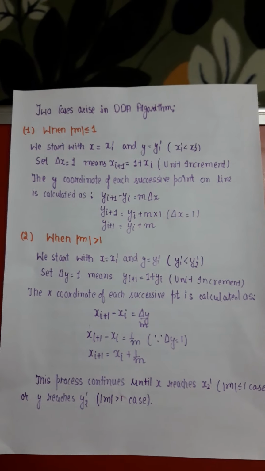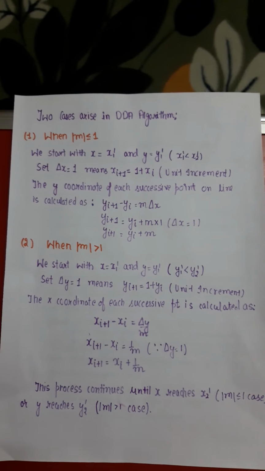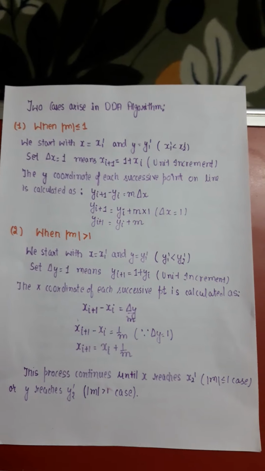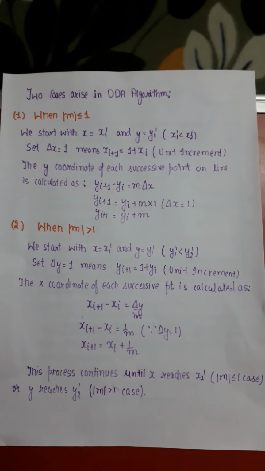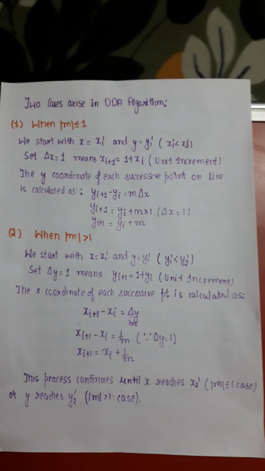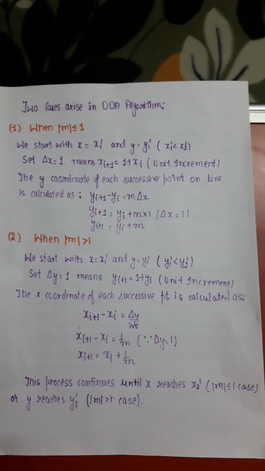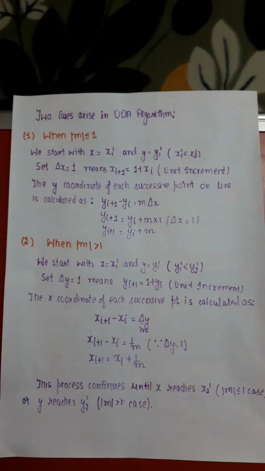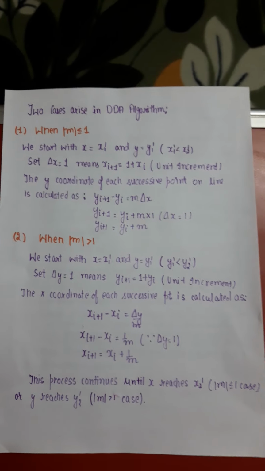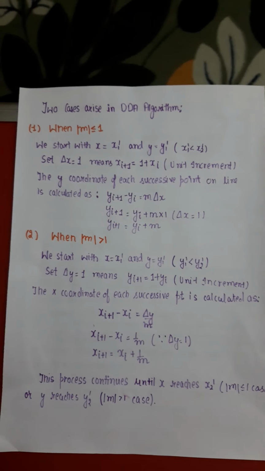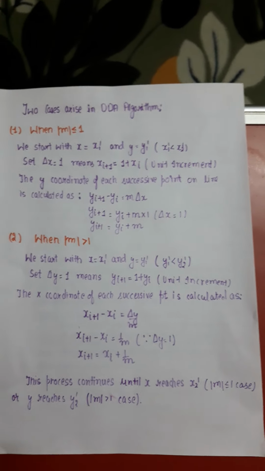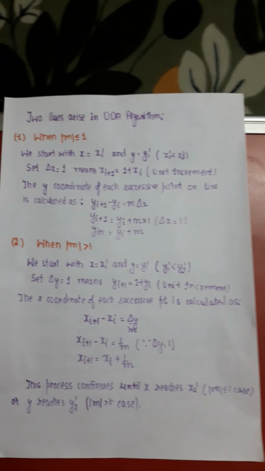Two main cases arise in the DDA algorithm. First is when the mod of m, where m is the slope, is less than or equal to 1. Then we will start with x equals x1 dash, where x1 dash is the starting point of the line, and y equals y1 dash. And we are considering here that x1 dash will be less than x2 dash. Next, in this case, we will set delta x equals 1, meaning there will be a unit increment in the value of x at every point.